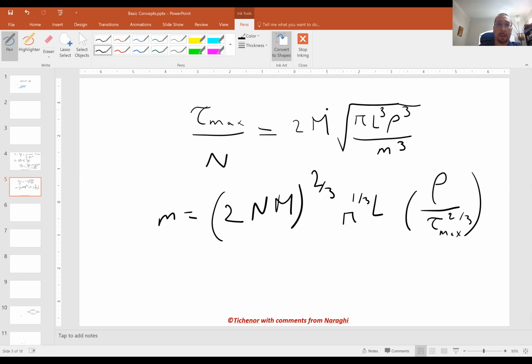If you look at the three parts of the equation we have, this term is about applied load. This term is about geometry. So this is about load, this is about geometry, and this is about what?